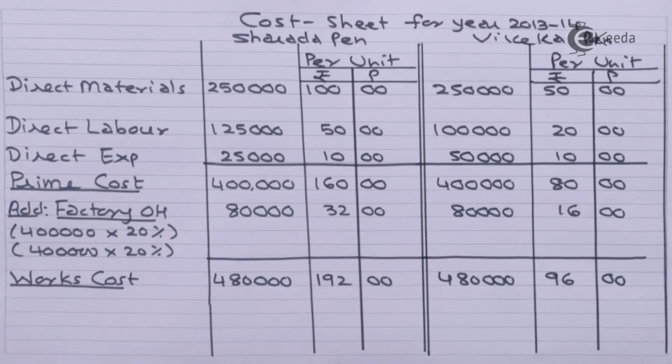In case of Sharada pen, factory overheads 80,000 we have added, works cost we got 4,80,000. In case of Viveka pen also works cost 4,80,000.